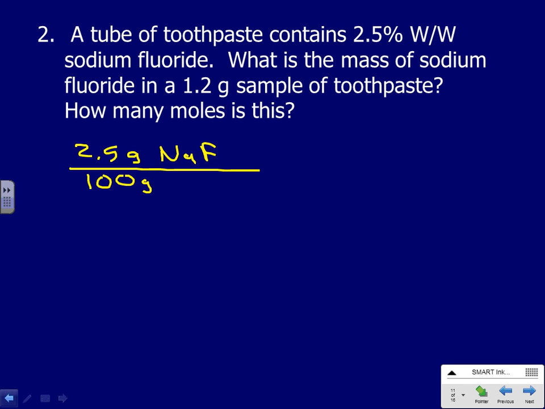Nope. What's the entire solution called in this case? Toothpaste. Oh man, paste? Really? I'm going to struggle over paste? A 1.2 gram sample of toothpaste.